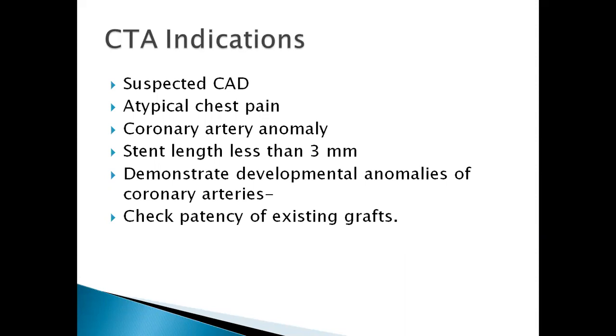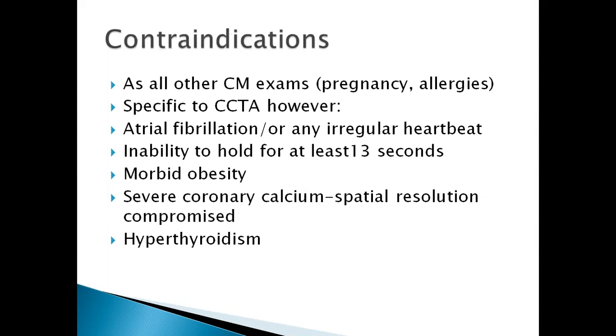Coronary artery anomalies are not so common, but these types of patients can also be sent. Assessment of stents and existing grafts, and the demonstration of developmental anomalies of coronary arteries, are also indications. Then what are the contraindications for the examination?